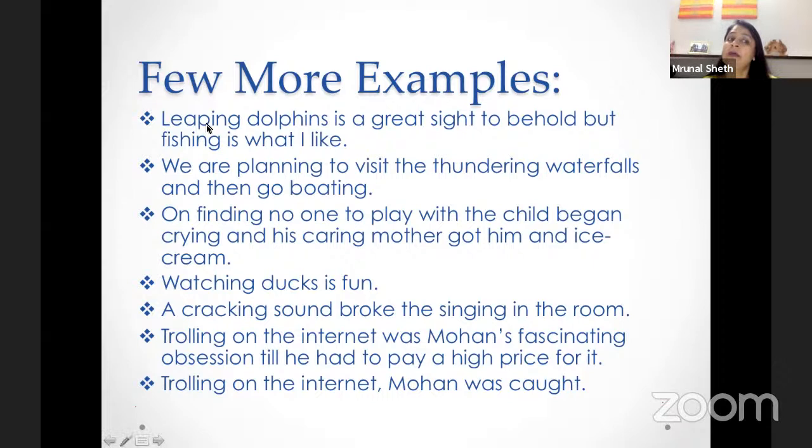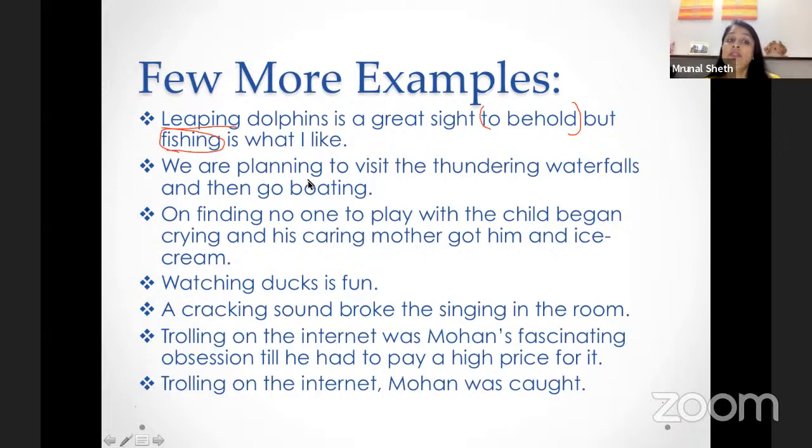So again, this is a participle. So I'll underline the participle, okay? So leaping is a participle. Is a great sight to behold. Now, behold is to behold, so it's an infinitive. But fishing is what I like. It is what I like. So this is a gerund. So I'm underlining the participle, putting the infinitives in parentheses and circling the gerunds. So that's how you will identify them.